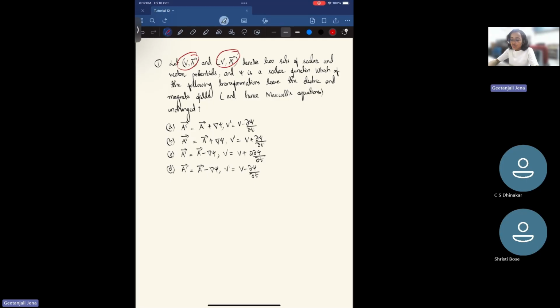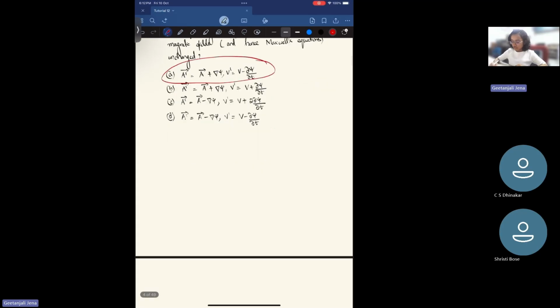You need to find which of the following transformations leave the electric and magnetic fields, and hence Maxwell's equations, unchanged. There are four options. Let me know the solution for this. Good, so this is option A. It's quite straightforward.